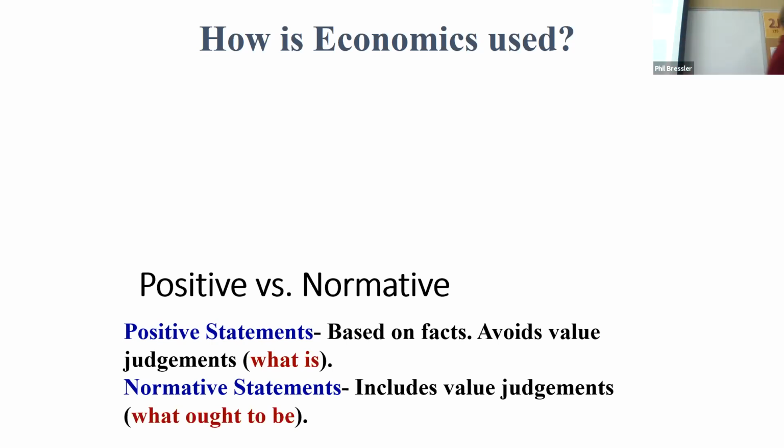While GDP is up 3% is positive, the value judgment would be that President Biden's economic policy has produced a 3% GDP. That is arguable. Some people might think President Biden's economic policy is excellent, while others might not. So the normative is judgment or opinion, and the positive is facts.